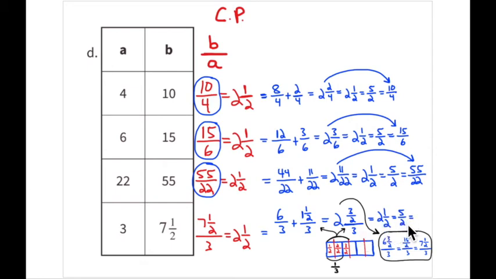That equals 5/2. So if I have a value of 2, how many thirds are 2 whole units? They are equal to 6 thirds. 2 times 3 is 6. That gives you 6 thirds. Well, that's 6 thirds plus 3/2 thirds. And so both of these are thirds.